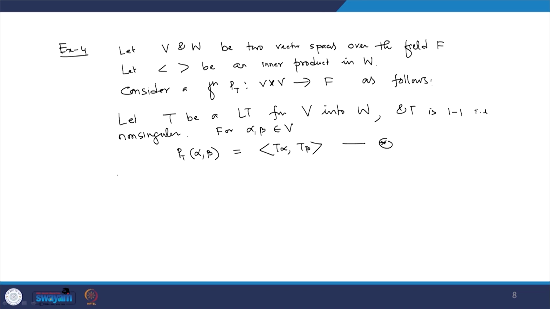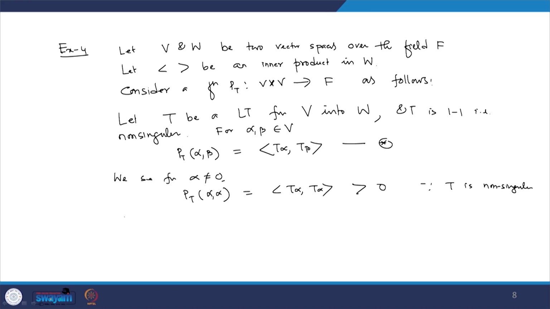So we can check, we see, for alpha not equal to 0, PT of alpha, alpha is equal to the inner product of T alpha and T alpha, which is strictly greater than 0 because T is non-singular. So T of alpha cannot be 0 if alpha is not equal to 0. Therefore, this is non-zero.